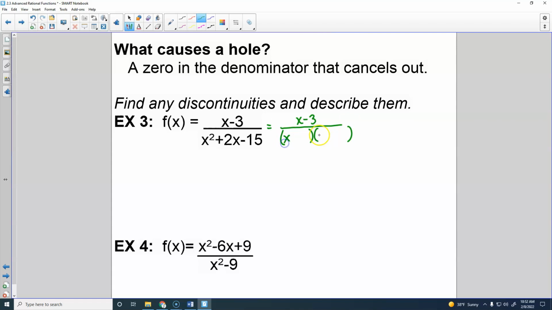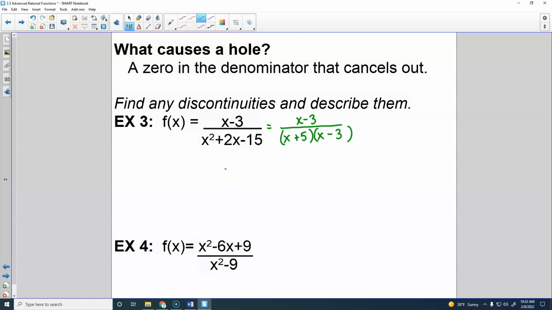I'll have an x here and an x here. I got a negative 15. I need to get a positive 2 in the middle. What numbers should I use? Plus 5, negative 3. That'll work because 5 times negative 3 gives me negative 15, and 5 minus 3 is going to give me that positive 2.